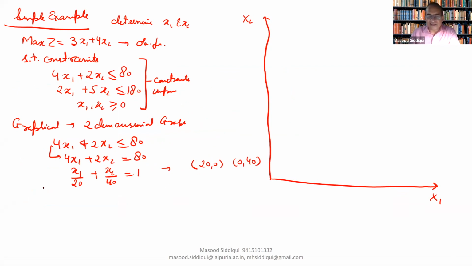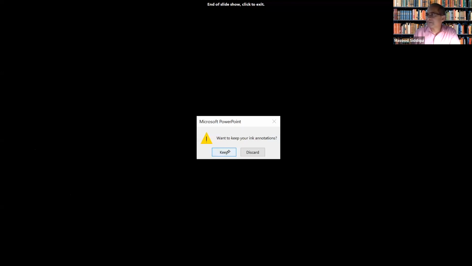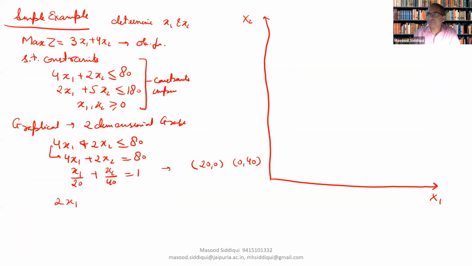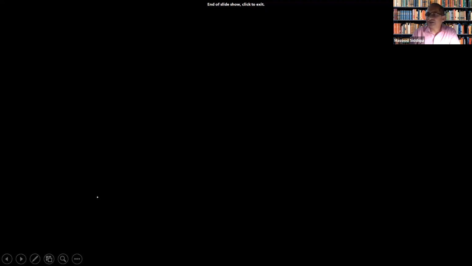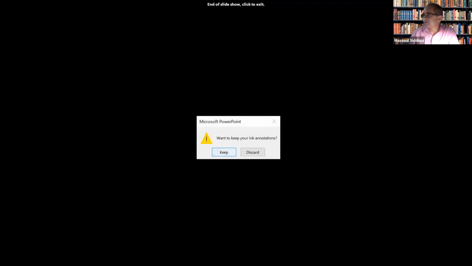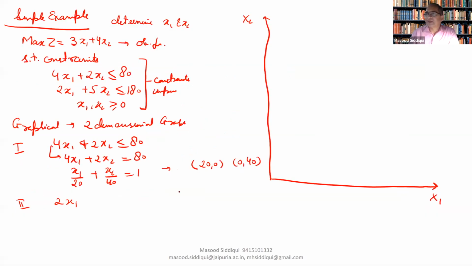In the same manner, in the second equation, we have 2x1 plus 5x2 less than or equal to 180. For the time being, we take it as 2x1 plus 5x2 equals 180.